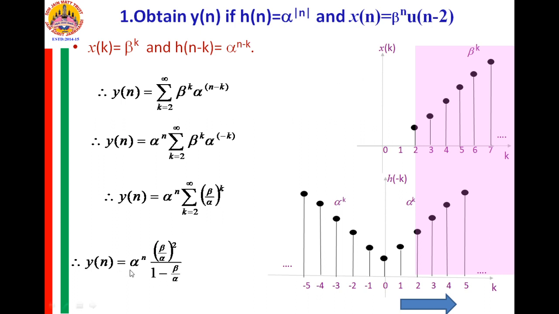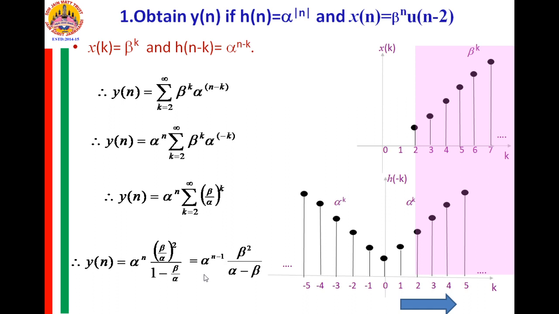And therefore y of n is equal to alpha raised to n times beta by alpha square divided by 1 minus beta by alpha, which is the closed form expression of this. This is the lower limit and the upper limit is infinity. So this is beta by alpha raised to 2.